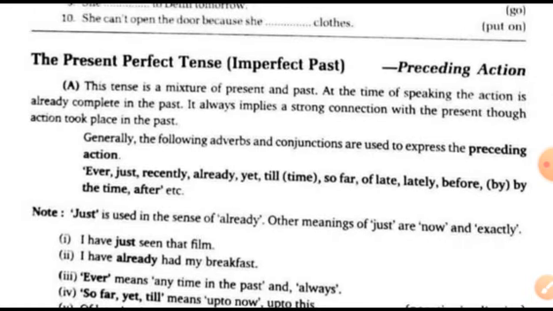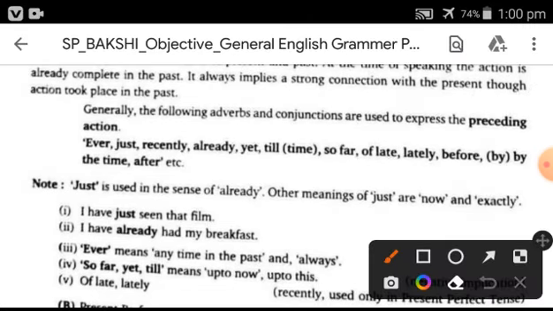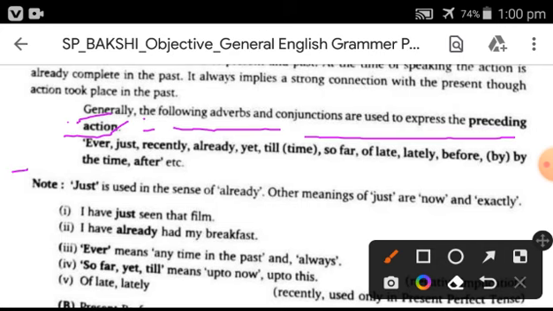Generally the following adverbs and conjunctions are used to express this preceding action. These are some words which help you in determining whether the action is done in past time or in present time.